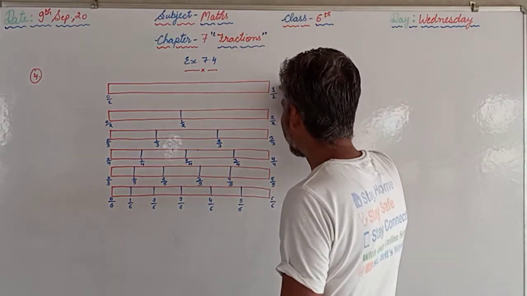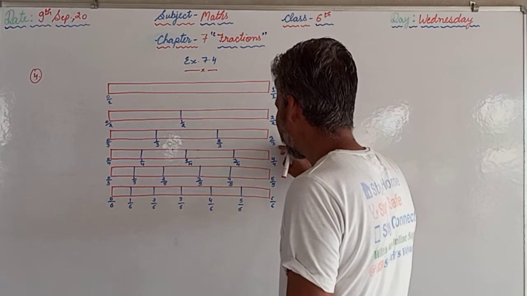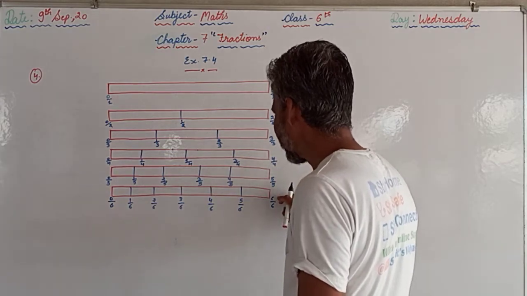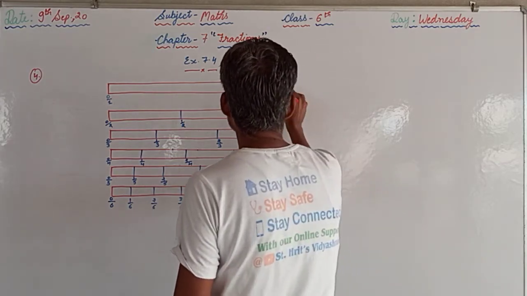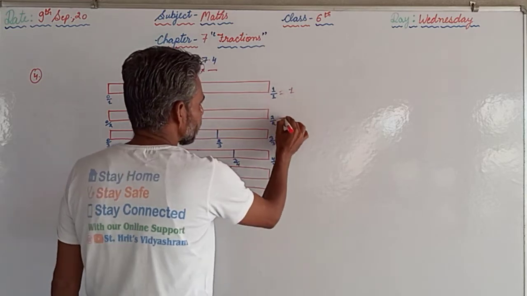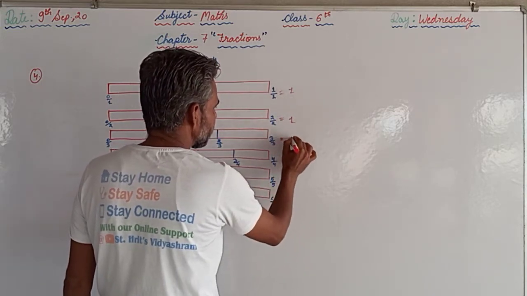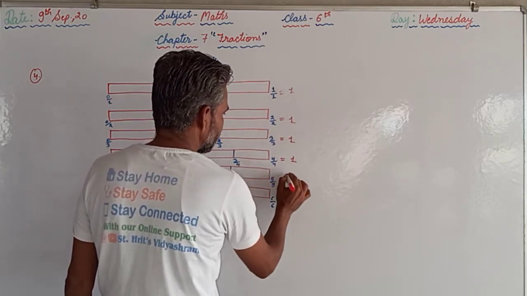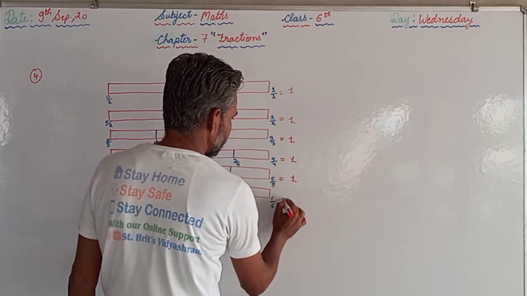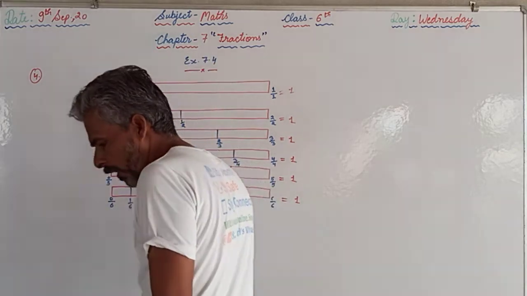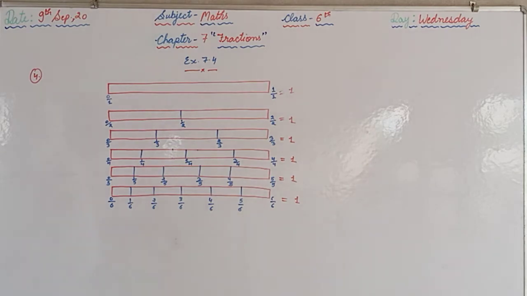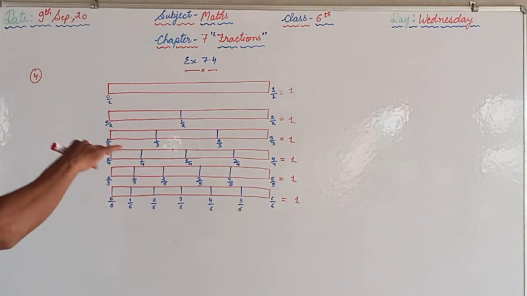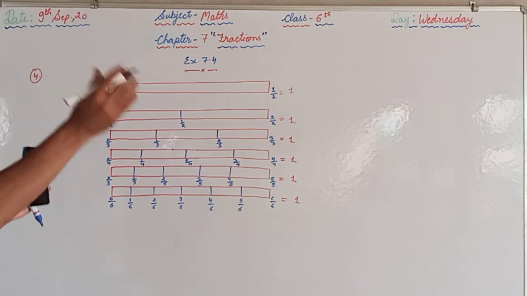So at last we are having 1 upon 1, 2 upon 2, 3 upon 3, 4 upon 4, 5 upon 5, 6 upon 6, means the value of each is 1. So all these parts are representing fractions which are either equal to 0 or greater than 0 but less than 1, or equal to 1. 0 और 1 के बीच में ही है.